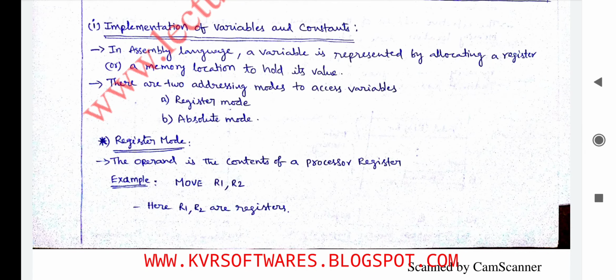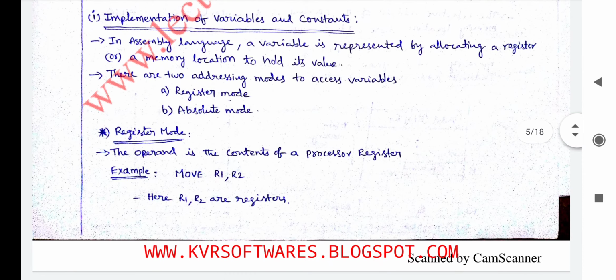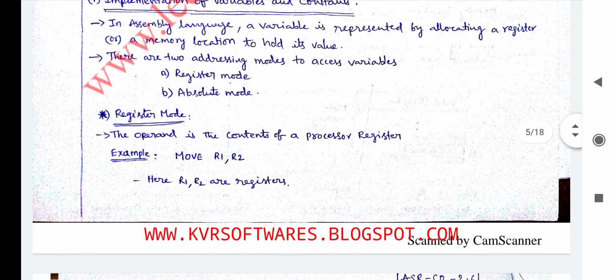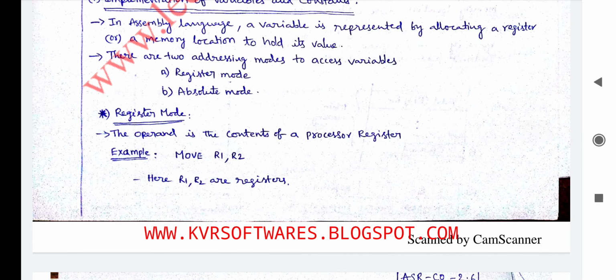A variable is a named memory location which is used to store one value, and the value of the variable is changed during the program execution. This is the definition of a variable in C language. Variable means change, right? There are two addressing modes to access variables.